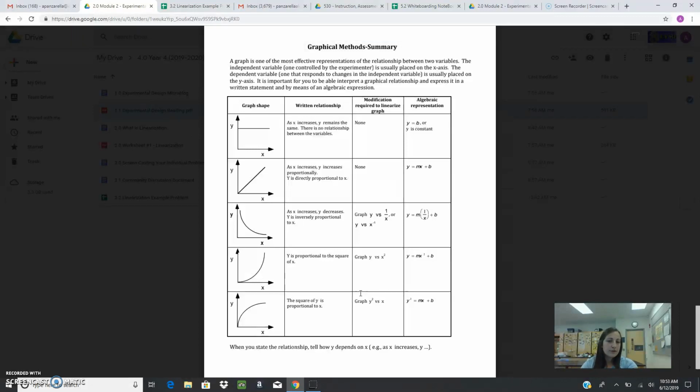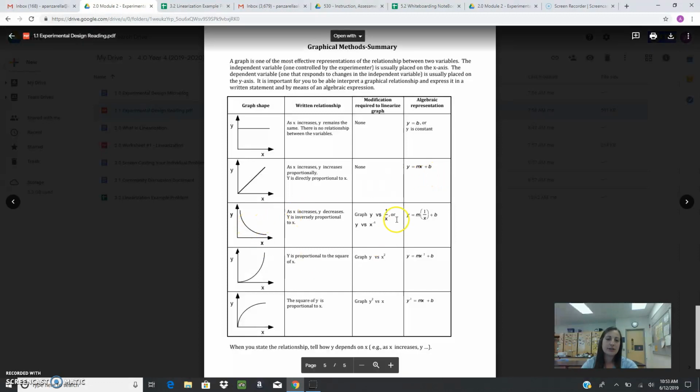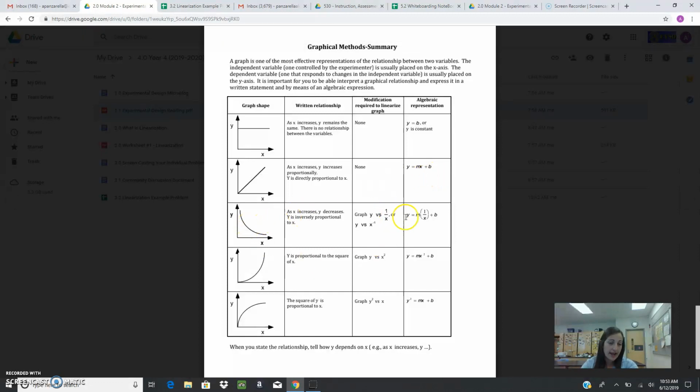And then whatever you do in order to linearize, you do to everything. So our standard equation is y is equal to mx plus b. Well, for an inverse relationship, since I did 1 over x, that x portion now needs to be 1 over x. For my top opening, since I squared the x values, x squared now goes into the equation.